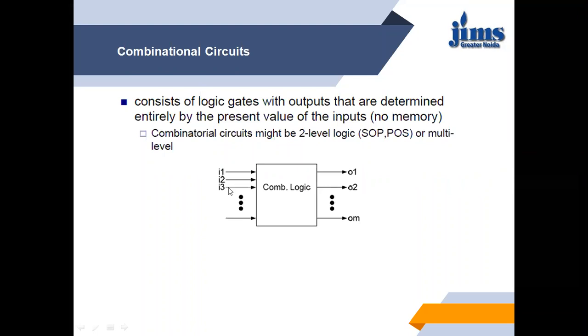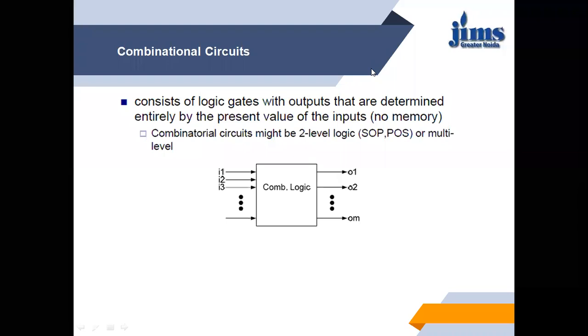But a combinational circuit may have n inputs and m outputs, and these inputs and outputs are defined by the specifications of the circuit which we are going to design.